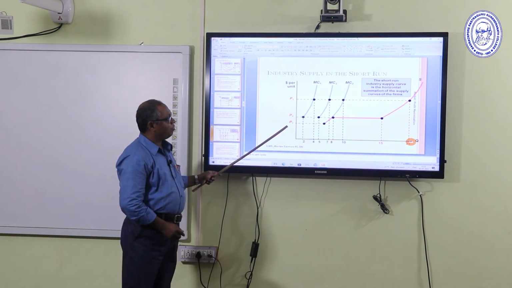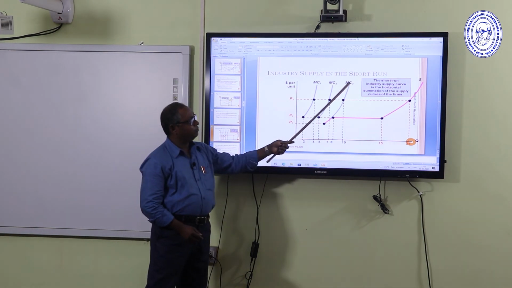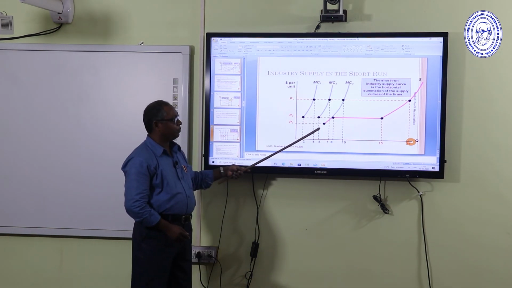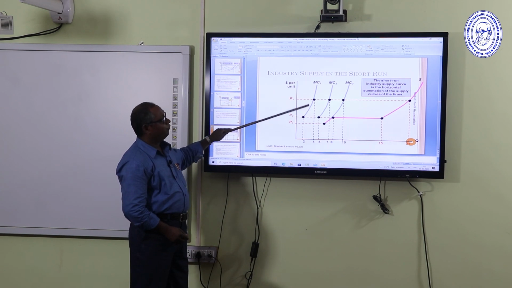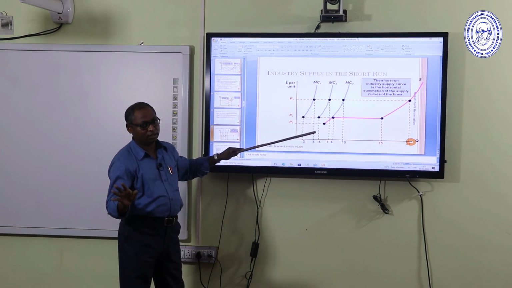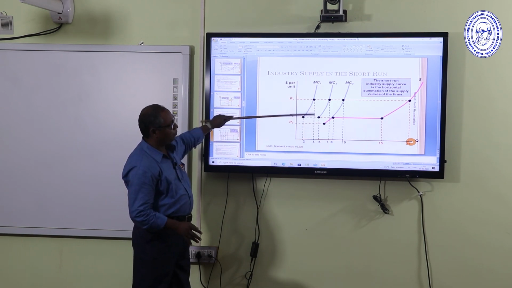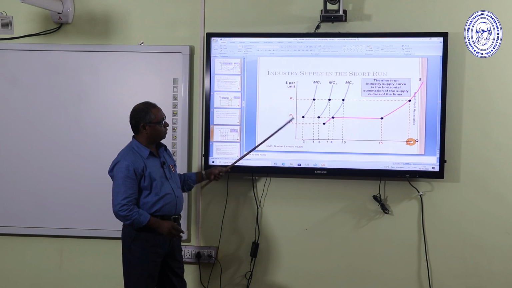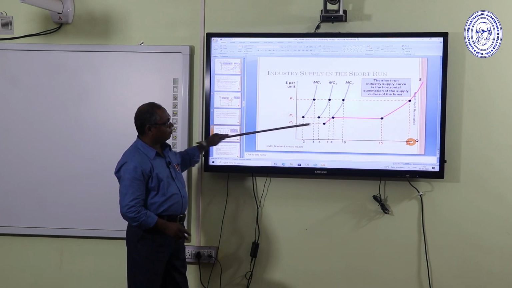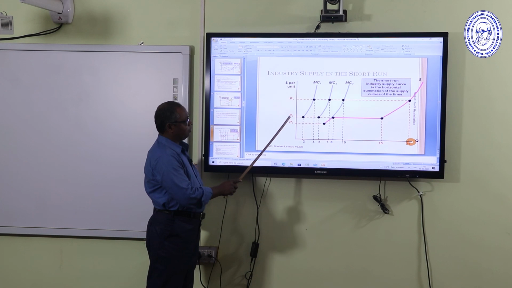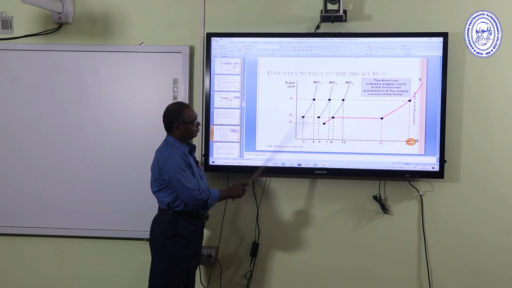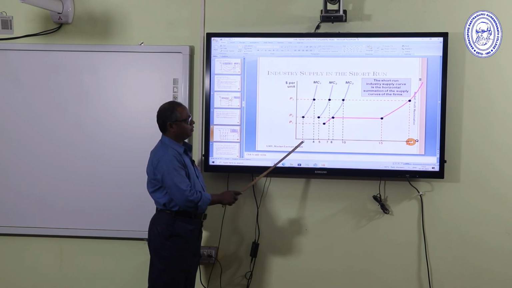Here at P1, MC3, the supply curve of firm 3, will supply that amount. But firm 1 and firm 2 will not supply anything because their minimum points are above. If it is price P2, then the first firm will supply up to that, the second firm will supply up to that, and the third firm will supply up to that.